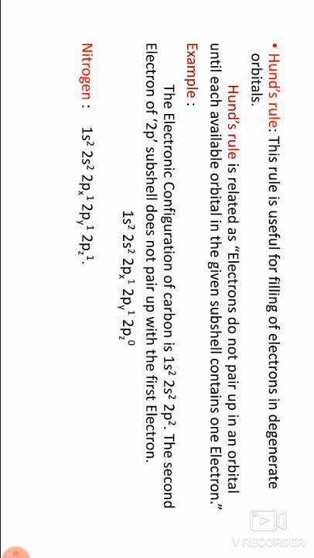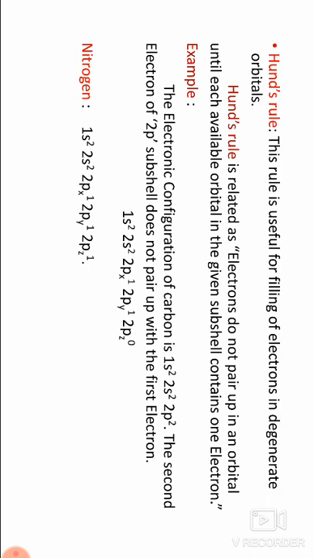Hund's rule. This rule is useful for filling of electrons in degenerate orbitals. Hund's rule states that electrons do not pair up in an orbital until each available orbital in the given subshell contains one electron.